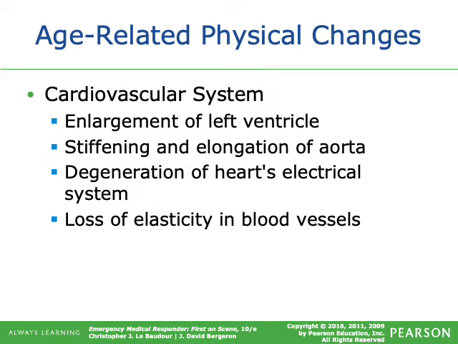All right, cardiovascular system. You have enlargement of the left ventricle. This is also known as left ventricular hypertrophy. You may have a stiffening and elongation of the aorta, degeneration of the heart's electrical system, and loss of elasticity in the blood vessels. So, degeneration of the heart's electrical system will often lead to a heart condition that causes an irregular heartbeat in the elderly.